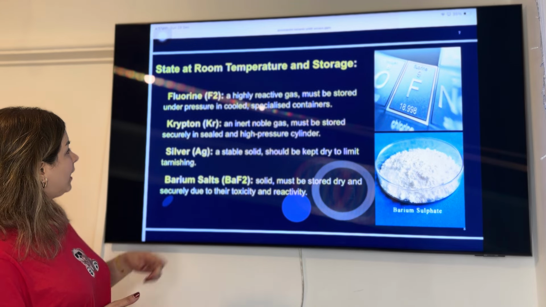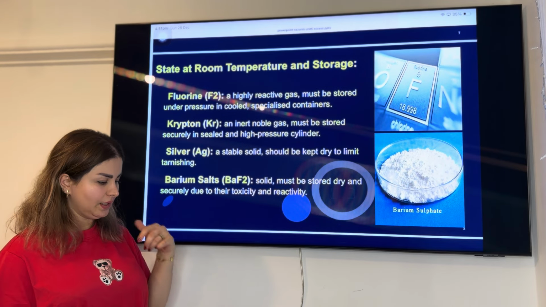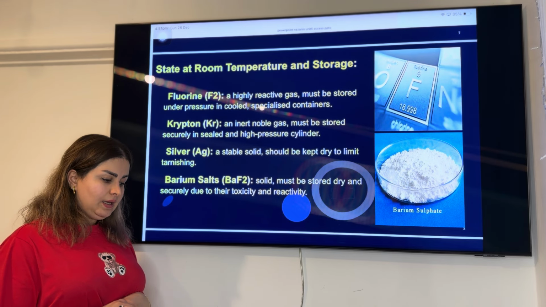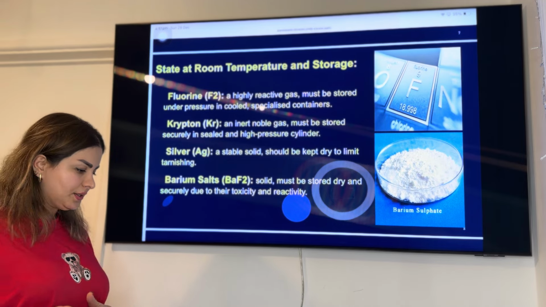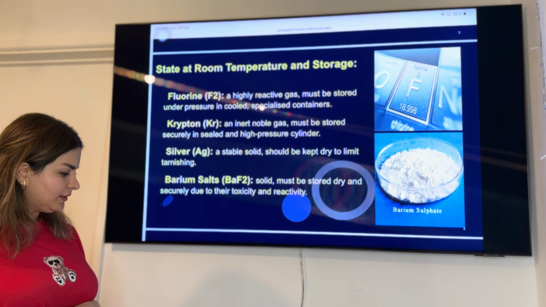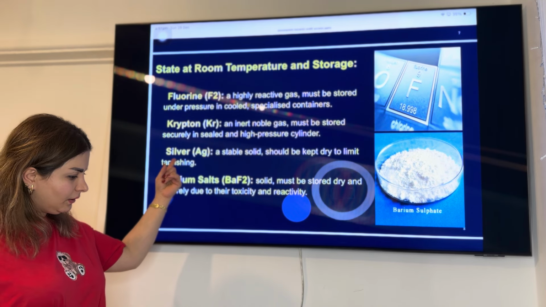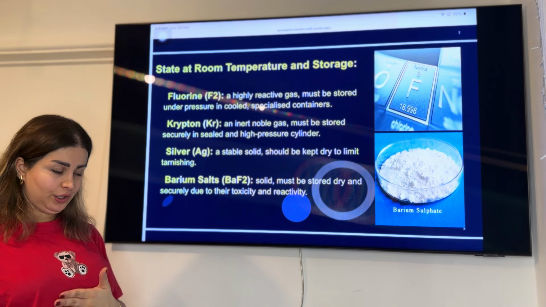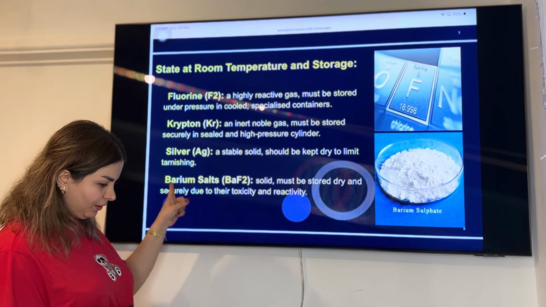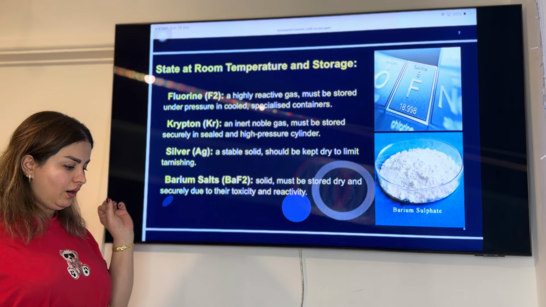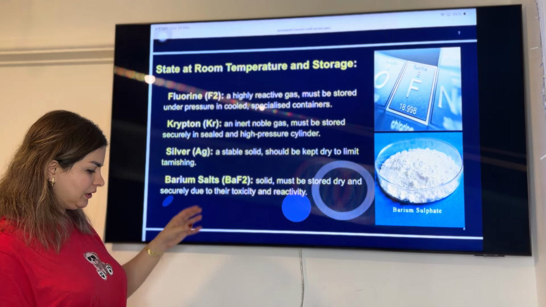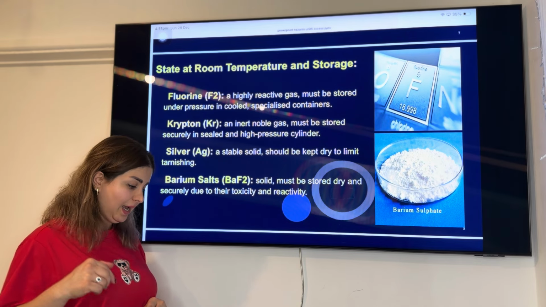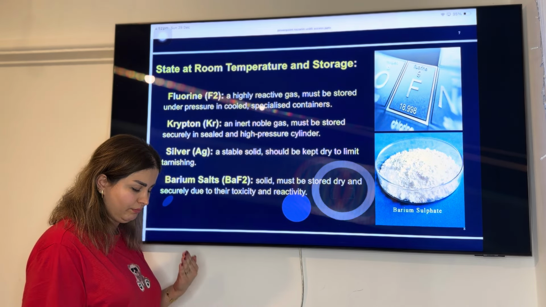Krypton is an inert noble gas, and it is stored in sealed cylinders. Silver is a solid metal and should be kept dry to prevent tarnishing. Barium compounds are ionic solids and must be stored carefully because of their reactivity and toxicity.